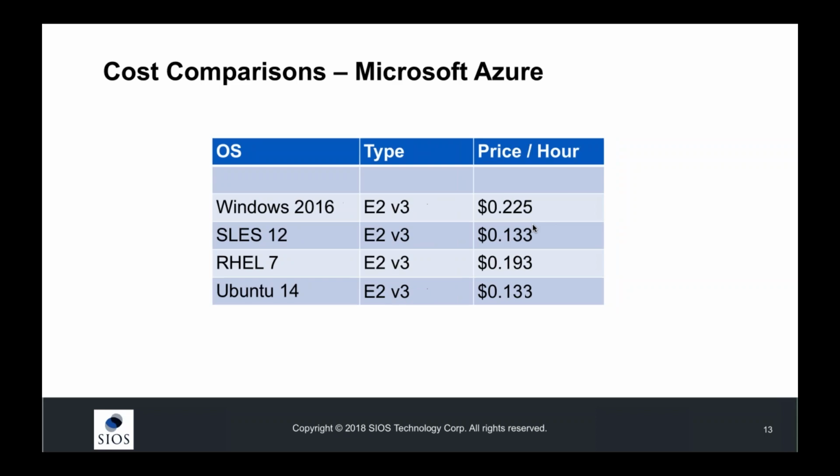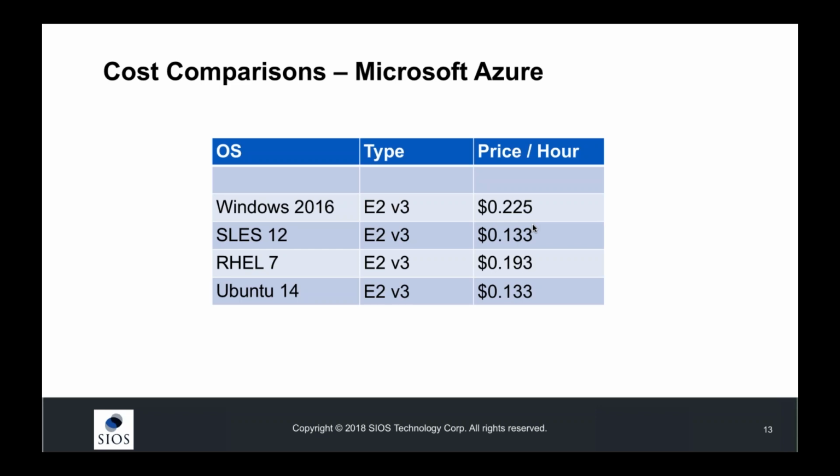Right? So on the Azure side, we have Windows at 22.5 cents, and then look, the SLES 12 suddenly becomes as inexpensive as the Ubuntu release, which is surprising to me. But again, the same machine types, the E2 v3s, were all compared. This is just base OS. This is the lowest level I could find on their sites for price quotes.